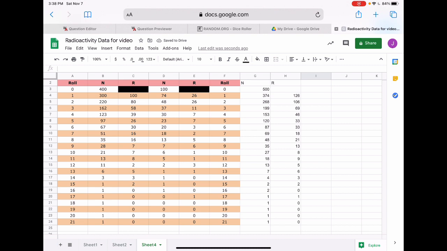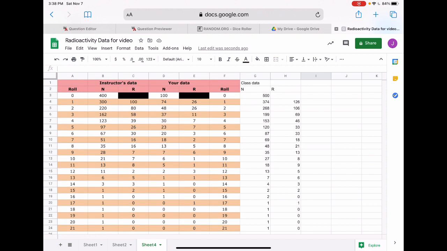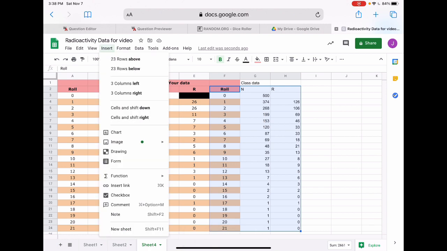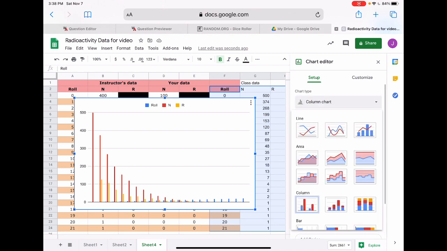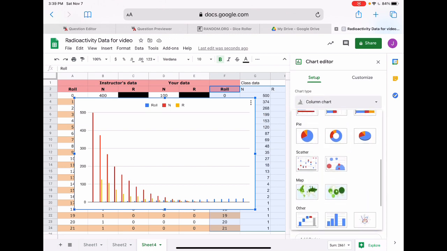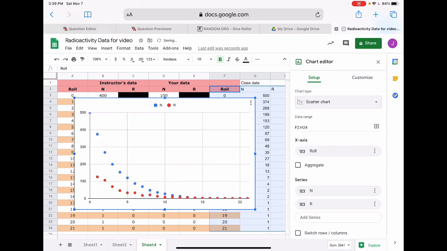Need to make another chart for the class data. There we go. All right, so this time, going to highlight all of this. Okay. And when I go to insert a chart, again, it's got the wrong kind of chart. I need to choose what kind of chart I've got. I've got a scatter plot. But this time it's going to have the x-axis correct, roll. It's going to have my series correct.